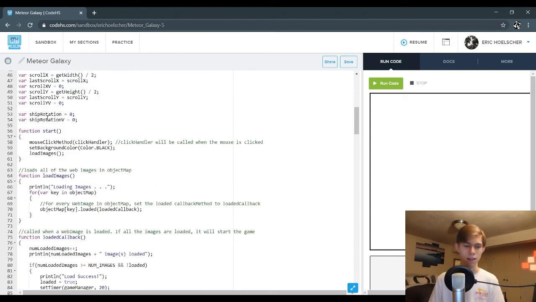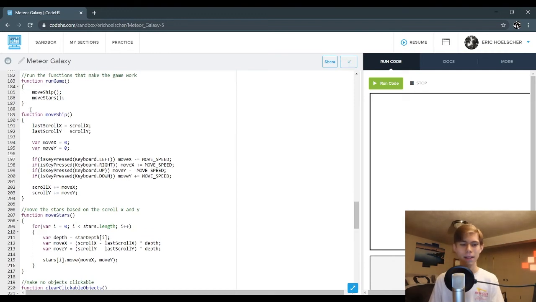since that's for constants. Now that we have those variables, I'm back down to the MoveShip method. We're going to modify that. So instead of declaring moveX and moveY, I'm going to just change these to move and rotate, because we're not going to move up, down, left, right. We're going to have that rotation movement. And so when the left arrow key is pressed, we're going to subtract from rotate, and that'll be the ship rotate speed.